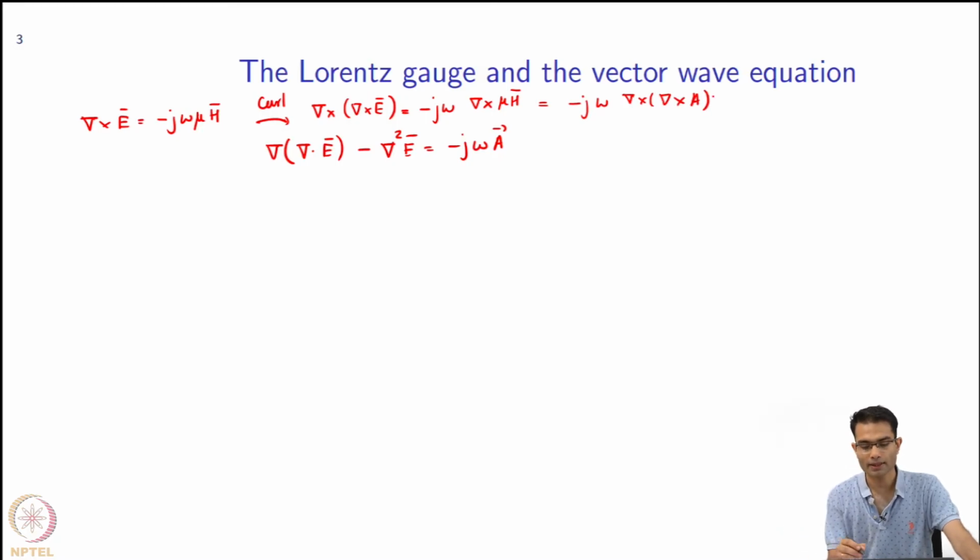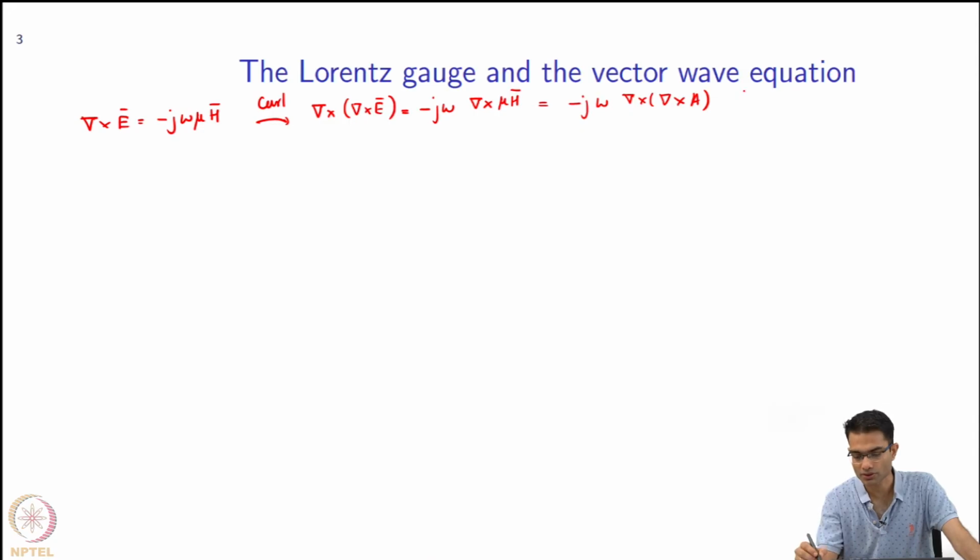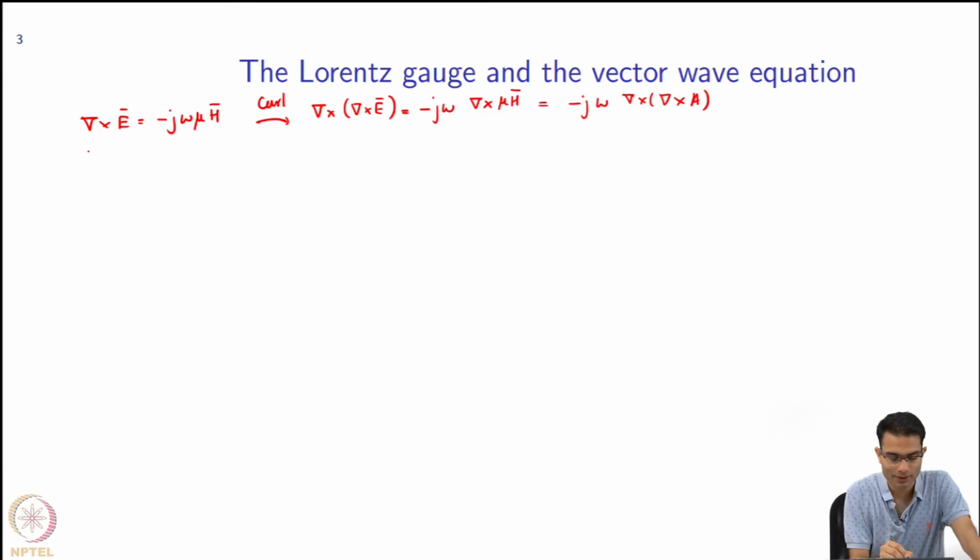And can I simplify this left hand side instead of writing it in this fashion? Yeah. So this is okay. And what about the left hand side? Should I leave it as del cross E or should I do something else to it? I should apply the identity. Okay. Can I not do something else? So right.